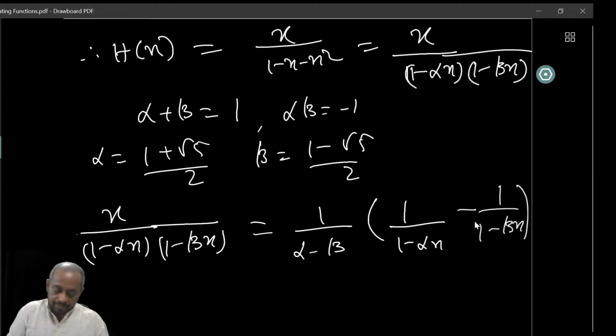And once you have this, what is alpha minus beta? Alpha minus beta is basically root 5, right?